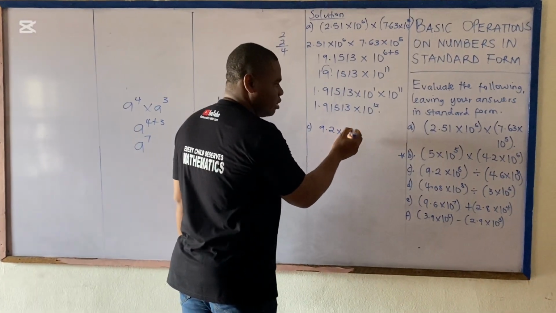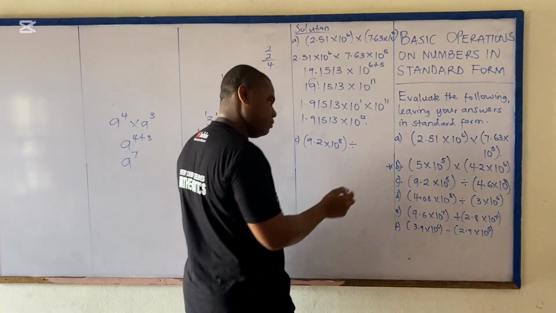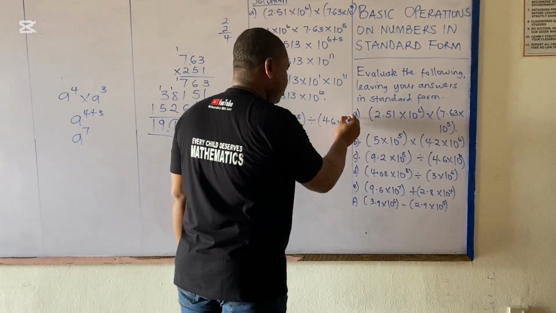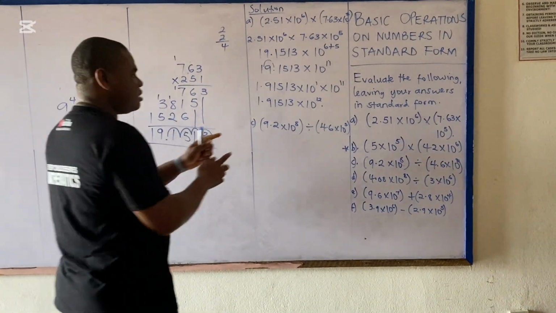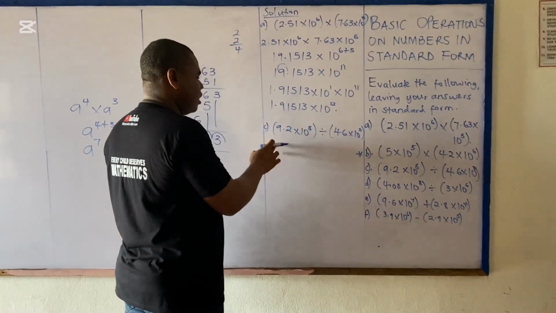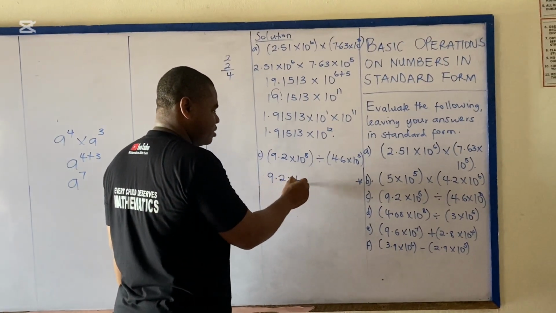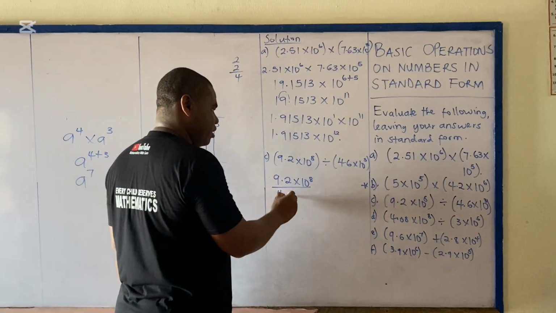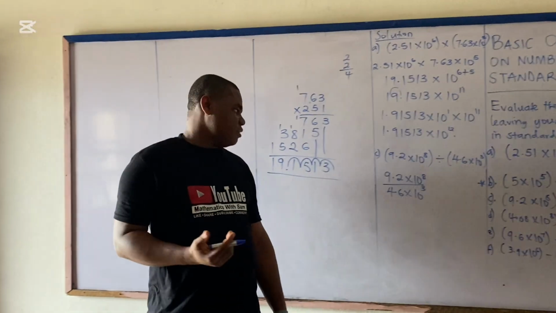Let's move to question C. C says 9.2 times 10 raised to the power of 8 divided by 4.6 times 10 raised to the power of 3. Alright, by opening the bracket, I can rewrite this as 9.2 times 10 raised to the power of 8 divided by 4.6 times 10 raised to the power of 3.